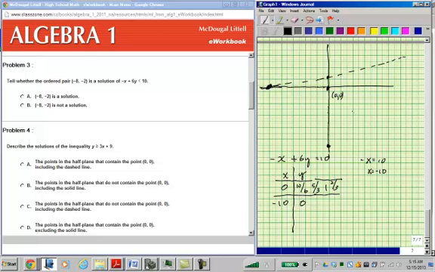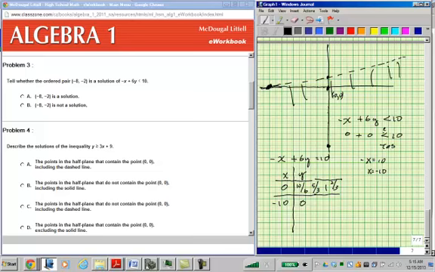We have negative x plus 6y is less than 10. So we put in 0, 0: negative 0 plus 6 times 0. Is that less than 10? Yes. So 0, 0 is in the solution region, and so we shade this one.